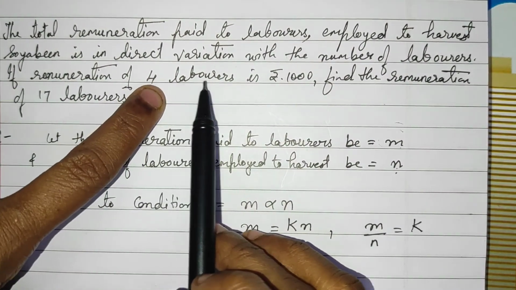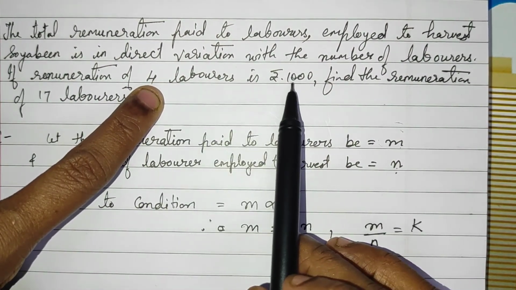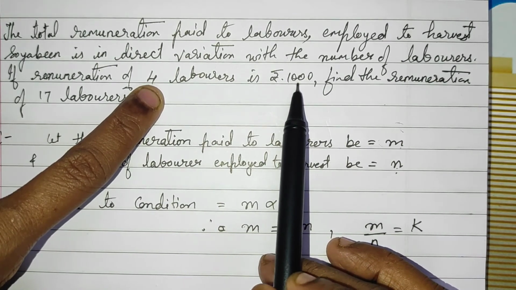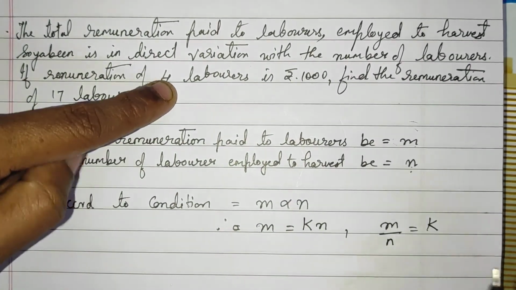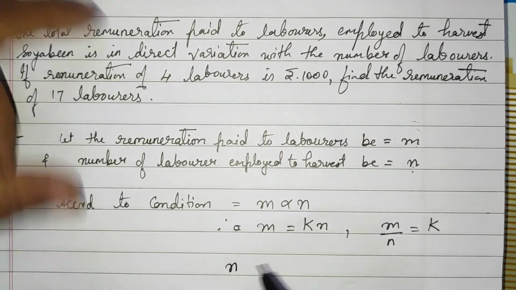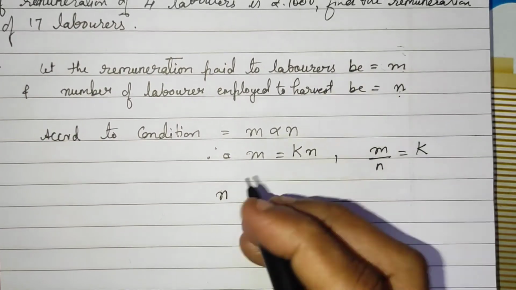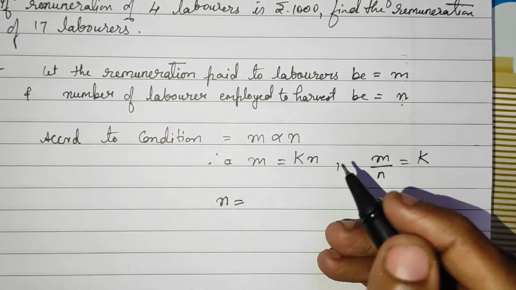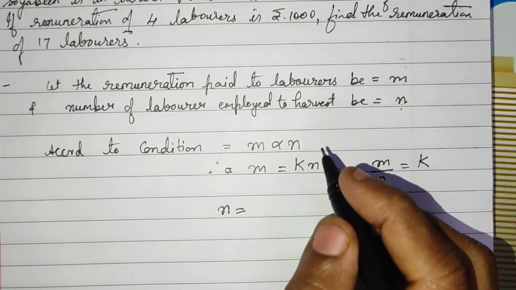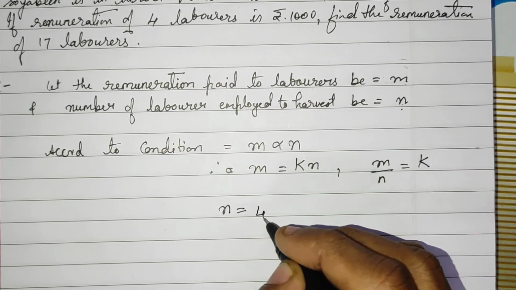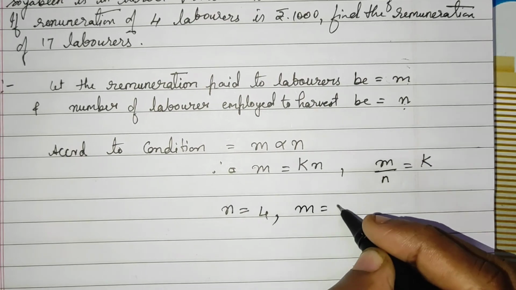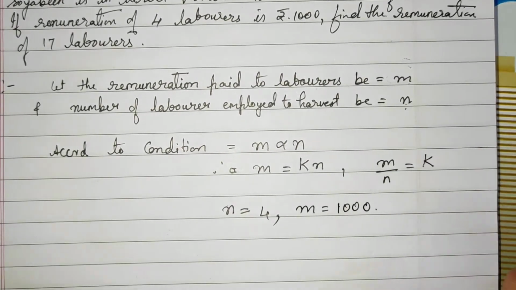So here, if remuneration of 4 laborers is rupees 1000, so that means N is equals to 4 and M is equals to 1000.